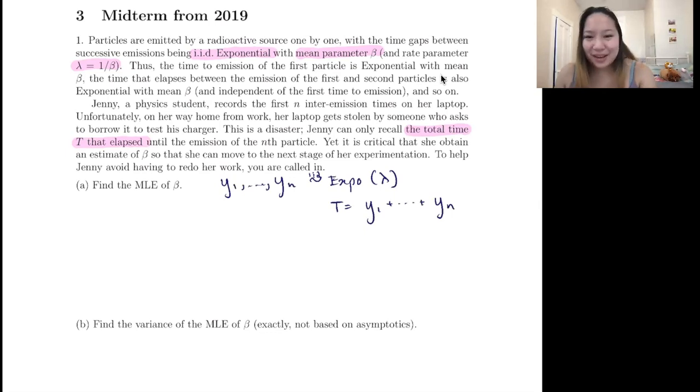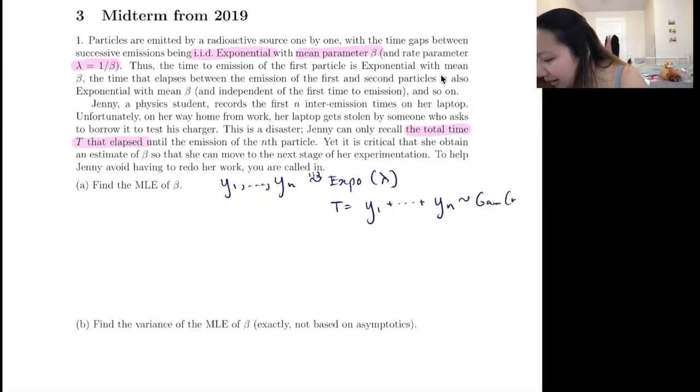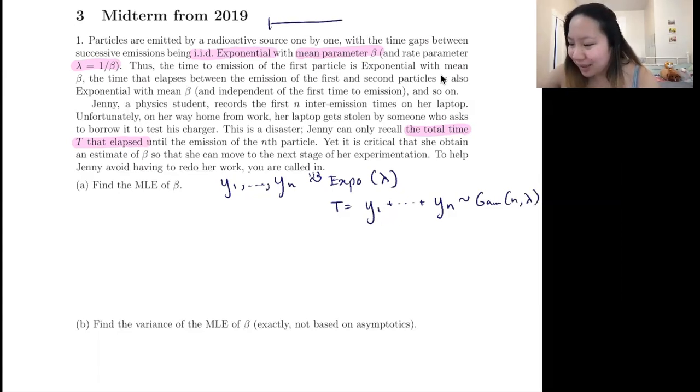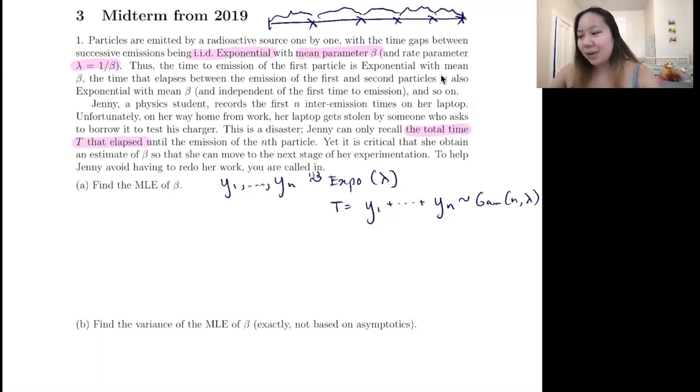If you recall, the sum of n Expos is distributed Gamma(n, lambda). That's something hopefully we've seen pretty often from 110 and maybe from 111. If you wanted to draw this, I like drawing my Poisson processes. So we have x's on a number line, and each interarrival time is Expo. But note that the sum itself is not going to be Expo, it's going to be Gamma.